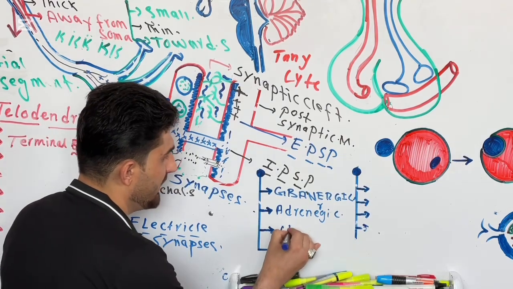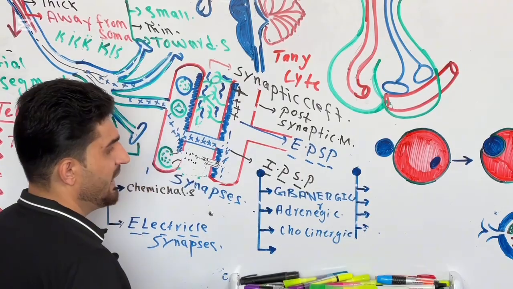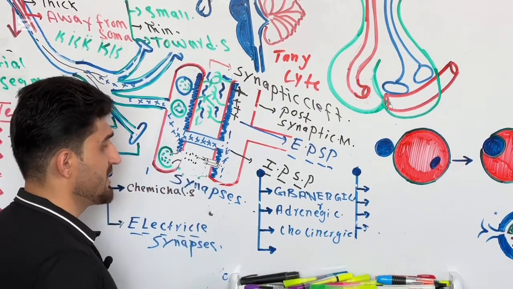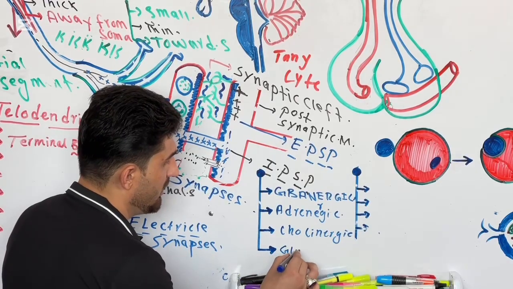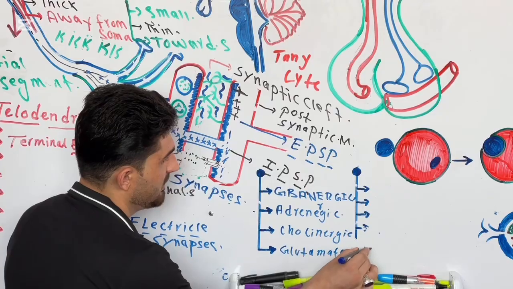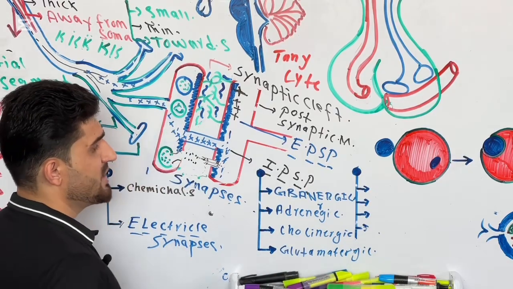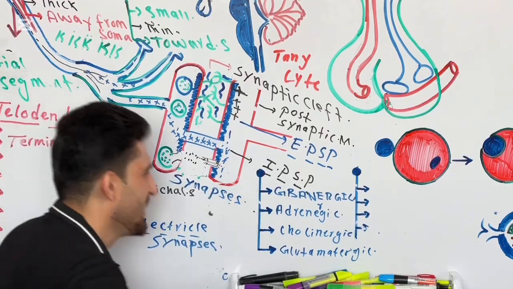Another one is the cholinergic synapse. In a cholinergic synapse, the neurotransmitter could be acetylcholine. Another one is the glutamatergic synapse, and in a glutamatergic synapse, the neurotransmitter could be glutamate and so on.